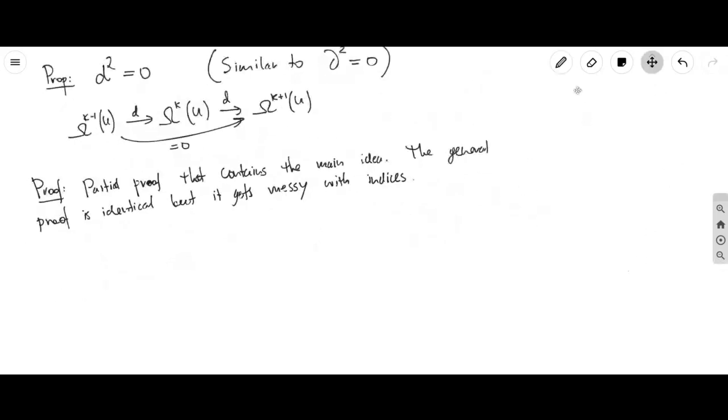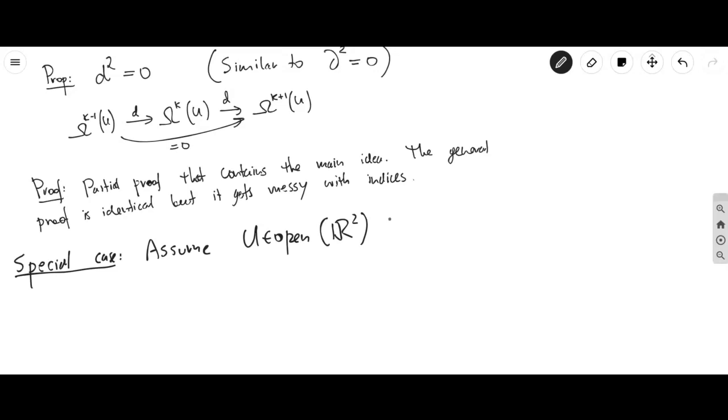So the special case is we're going to assume that U is an open subset of R2. It's going to make it easier because you're differentiating twice and you only have two differentials.